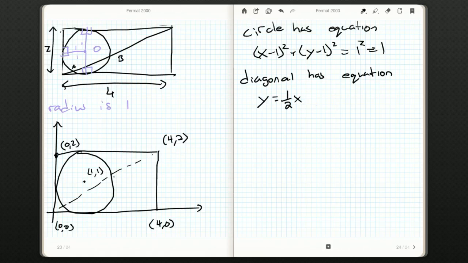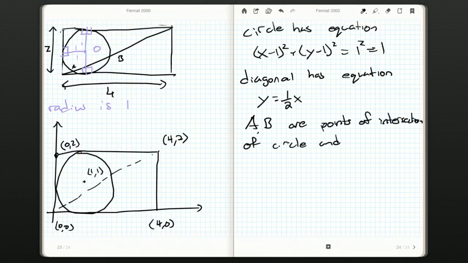And at the point of intersection, so A, B are the points of intersection of the circle and the line. So that means I can plug in the formula for the line into the circle.